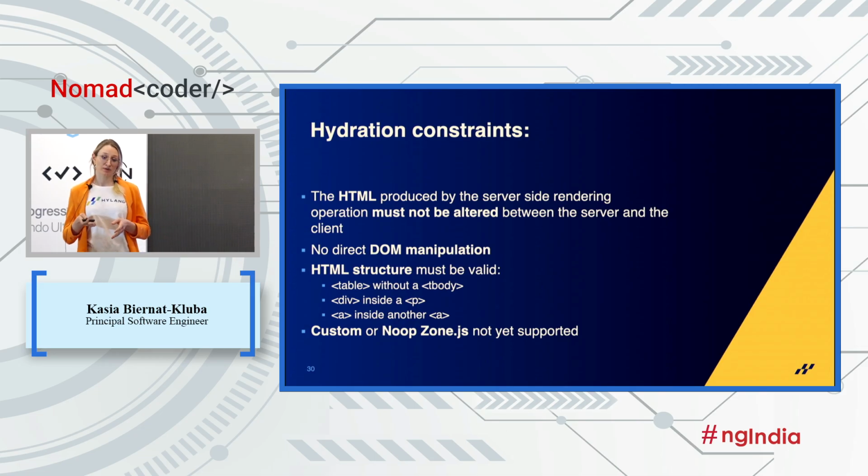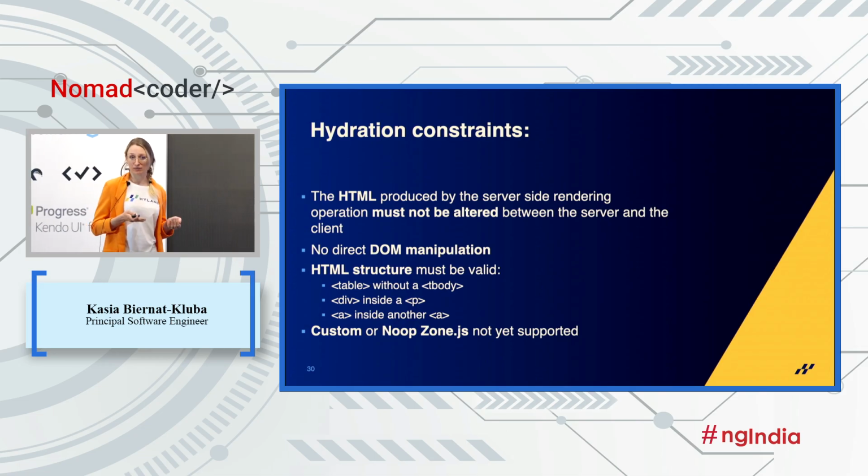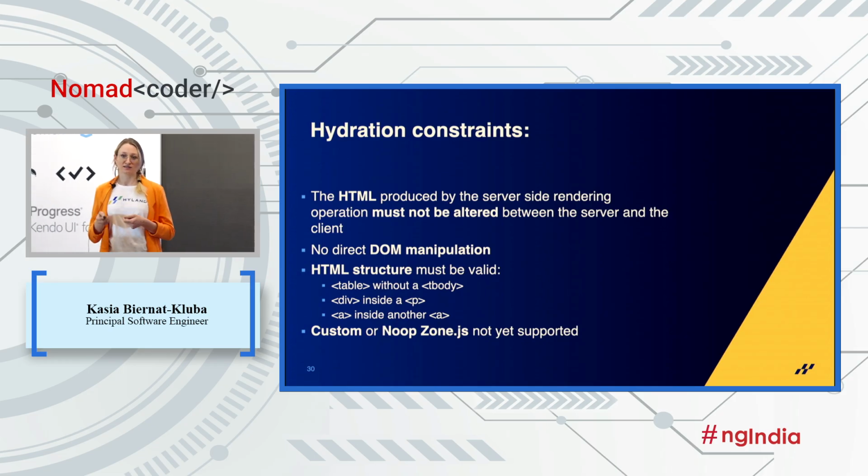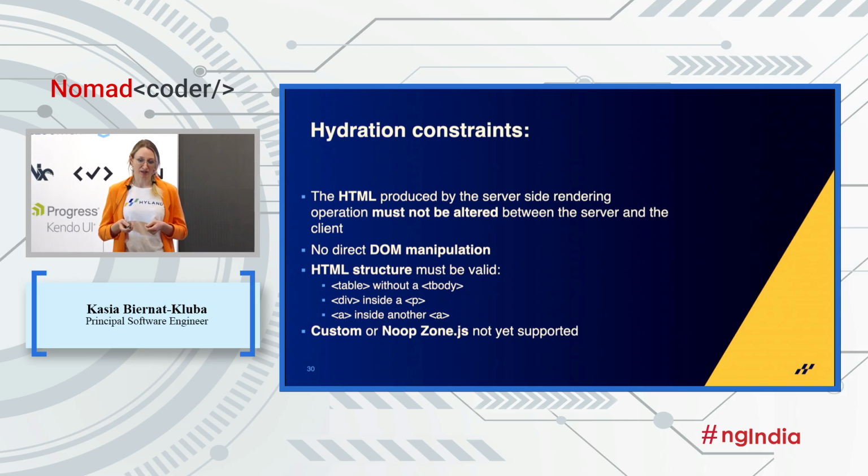So if you create, for example, a table, don't forget your tbody or thead tags. You cannot put a div inside a P tag, or an A inside another A, and other semantically invalid HTML. Also, at this moment, custom or noop zone.js is not supported.